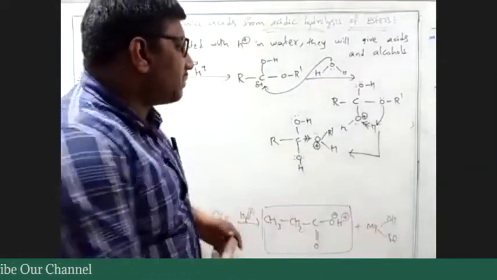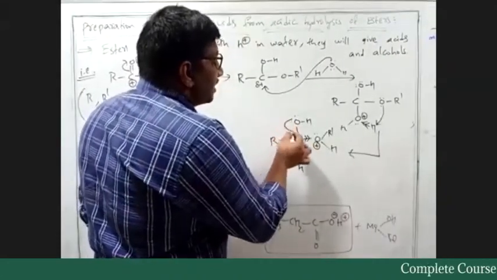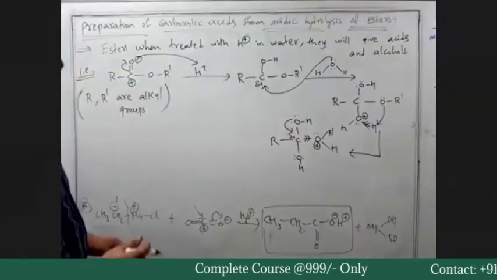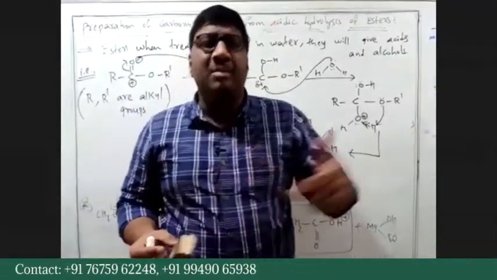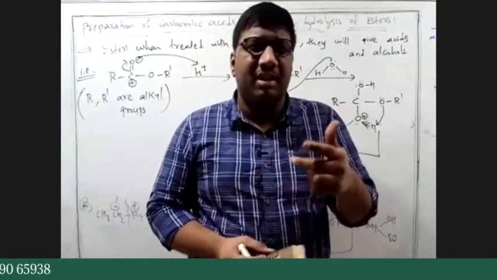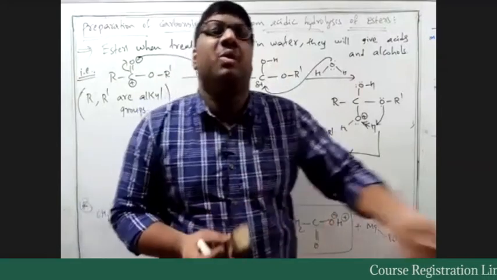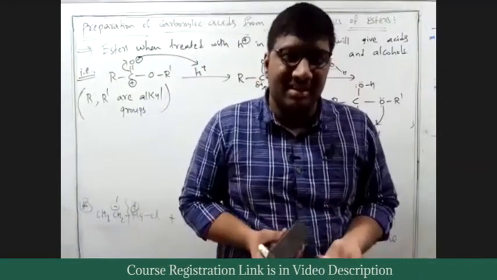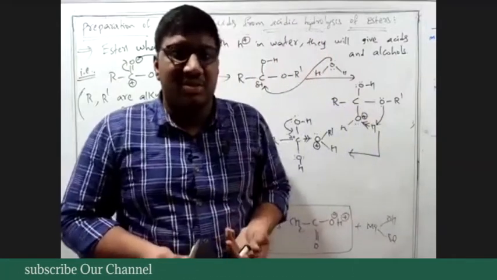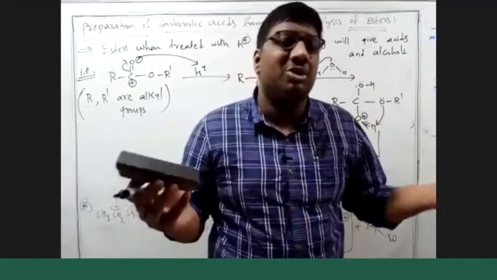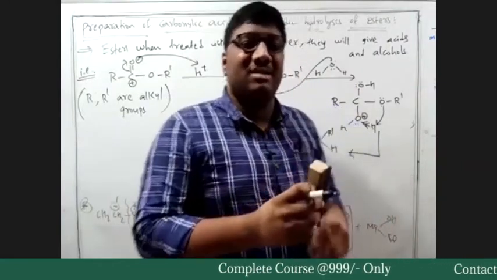So as soon as this carbon gets partial positive charge, the lone pair from oxygen comes into the picture. So this complete reaction is like simultaneous steps everywhere. Based on repulsions and requirements, the electrons will move because they are charged species, right? Electrons are negatively charged species, so they want to be attracted towards the positively charged species. That's it. But how they will attract, that matters the most.